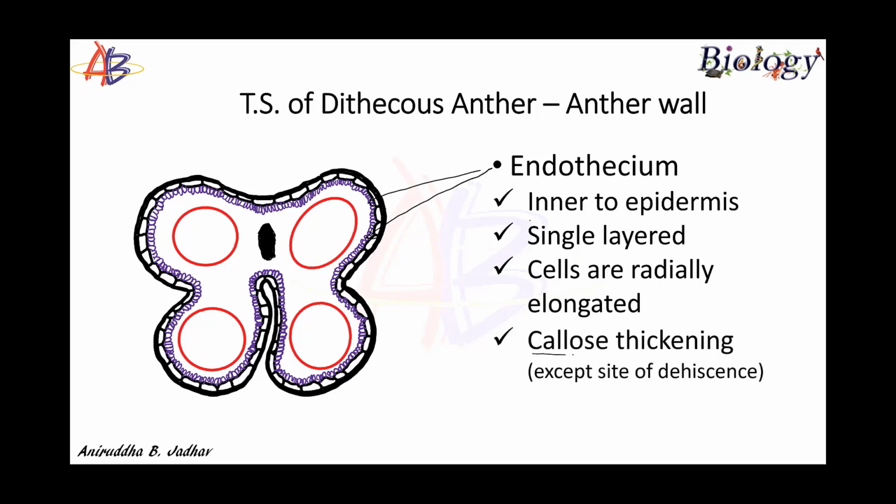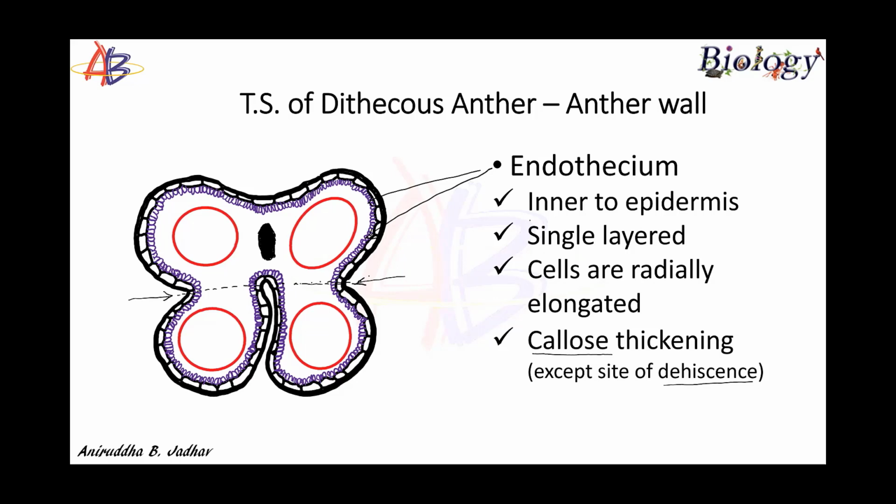On the walls of these cells, there is a fibrous thickening which is formed due to deposition of callose. However, cells of the endothecium present in the shallow groove between two microsporangia are thin-walled and represent the line of dehiscence. So we can observe the line of dehiscence in this particular region of the anther wall.